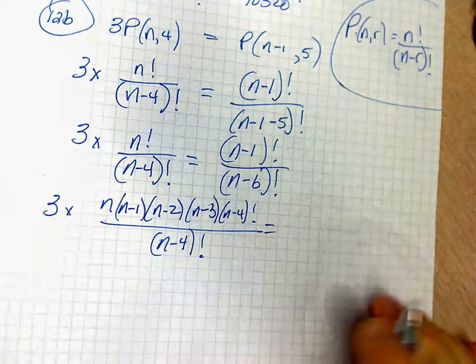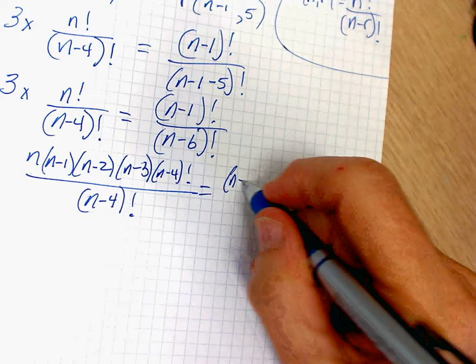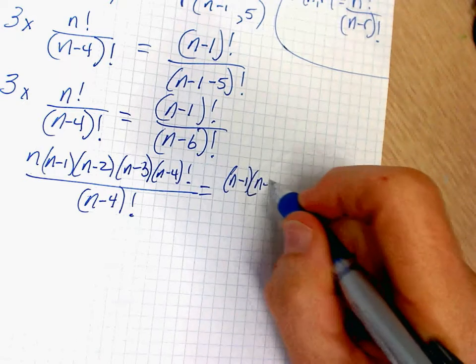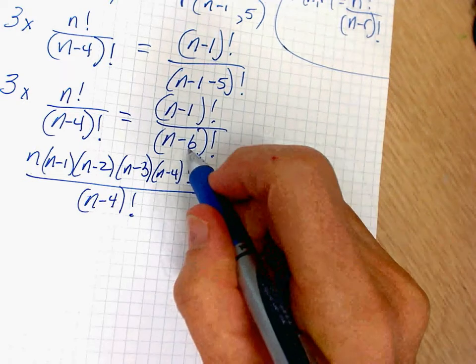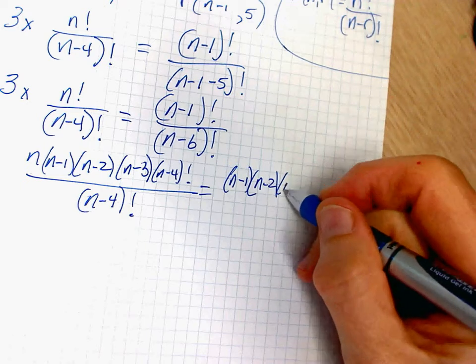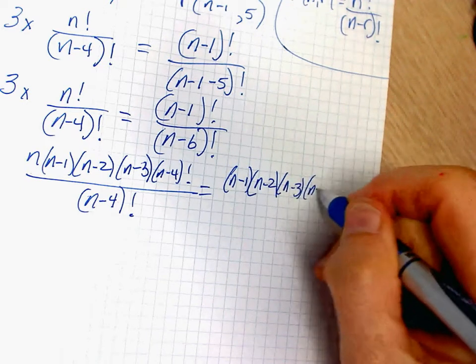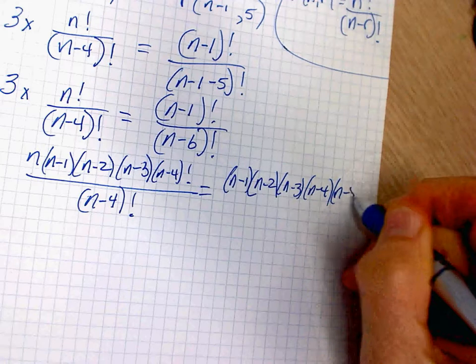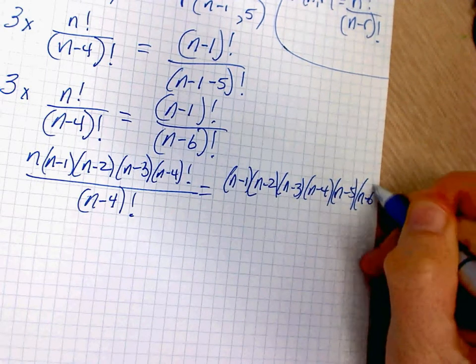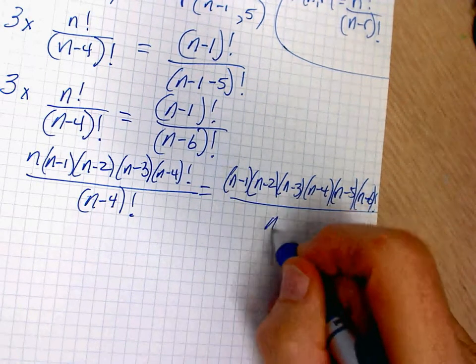And that equals n minus 1, n minus 2. We'll bring it down to the denominator on this side: n minus 3, n minus 4, n minus 5, n minus 6 factorial over n minus 6 factorial.